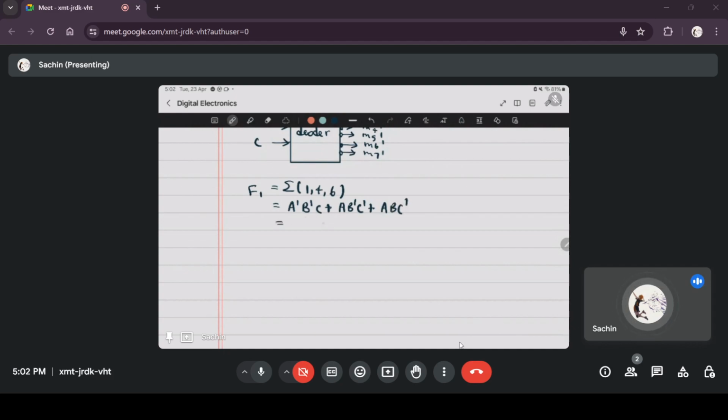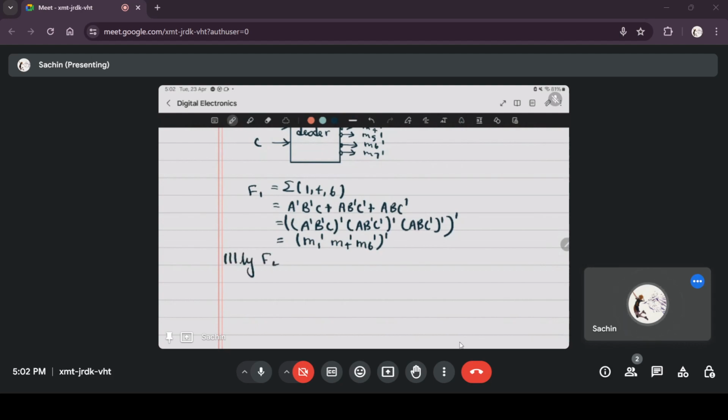This can be written using De Morgan's laws in this way, which is nothing but M1 prime, M4 prime, M6 prime, complemented.